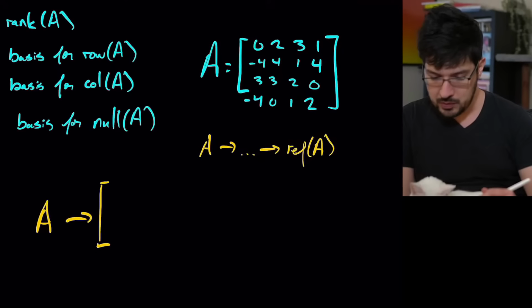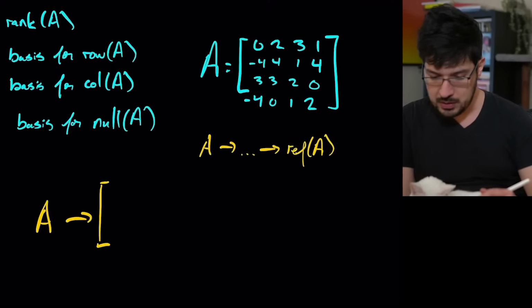Okay, let's do... I don't know. Let's put the third row... What do we want to do here? I'm going to swap the first and second rows, and also multiply the second row by -1.